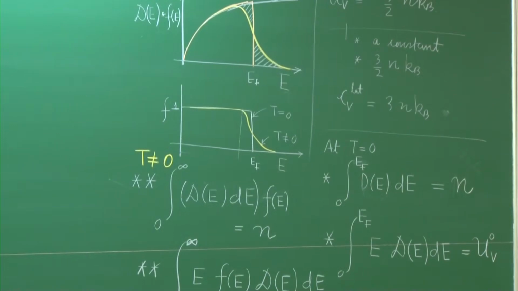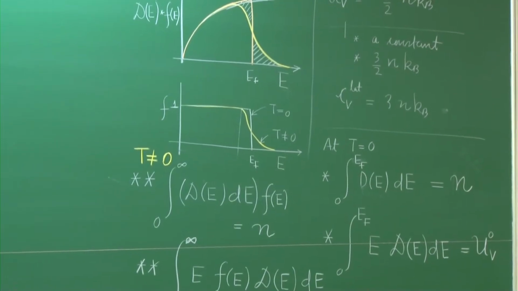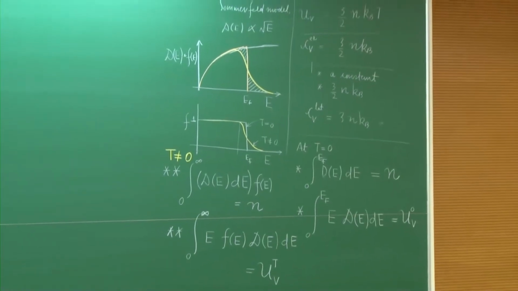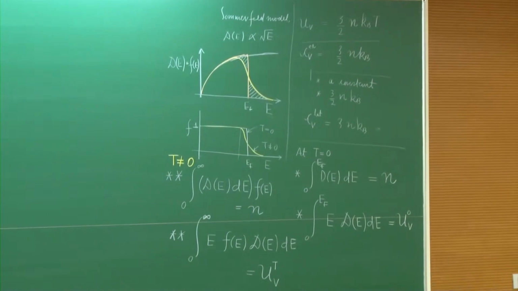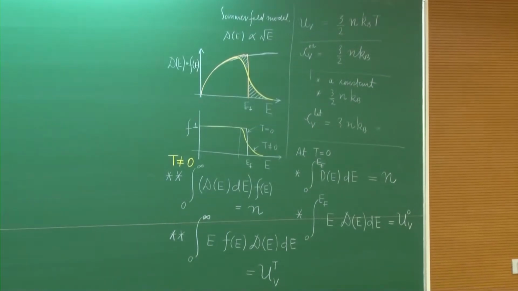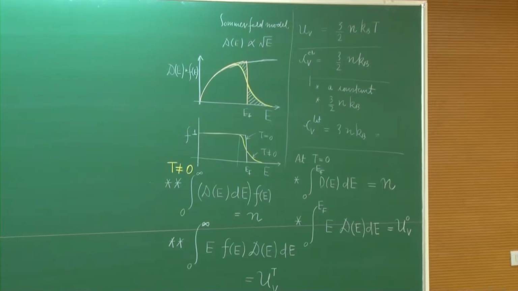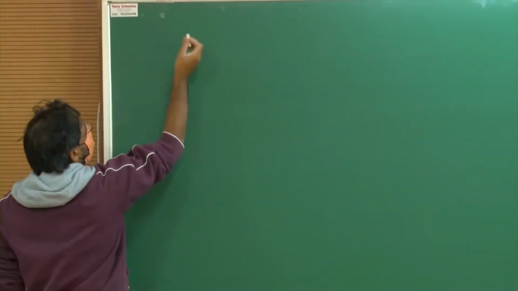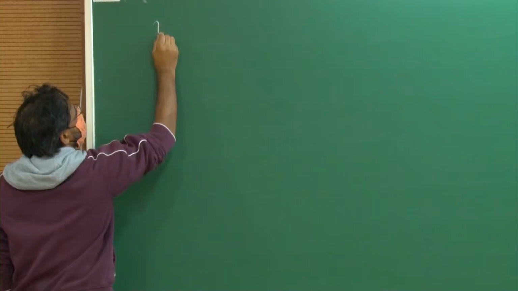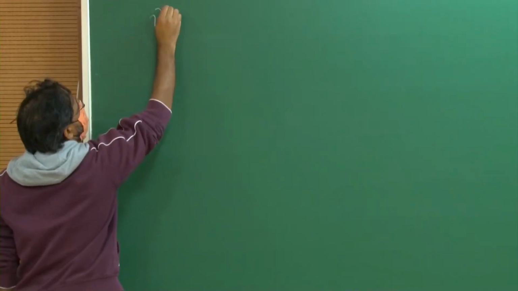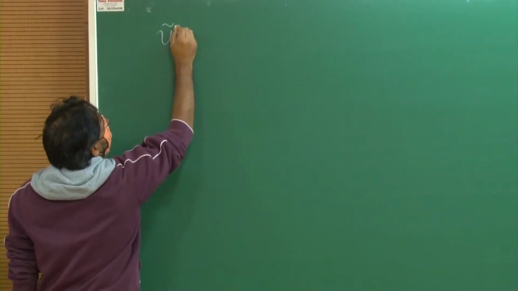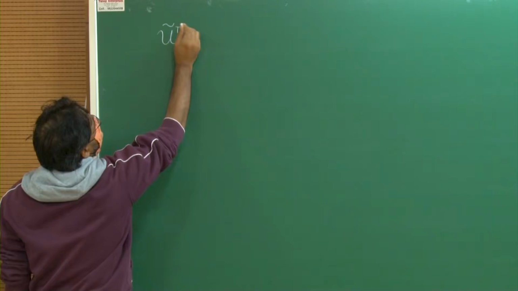Okay, is this clear to you? Do you have any questions so far? Okay. Now if you have understood this, the rest of the things should make sense to you rather fast. And so at any non-zero temperature, at any finite temperature, the total energy of the system, U bar, U tilde, V, and this is at a finite temperature T, right?